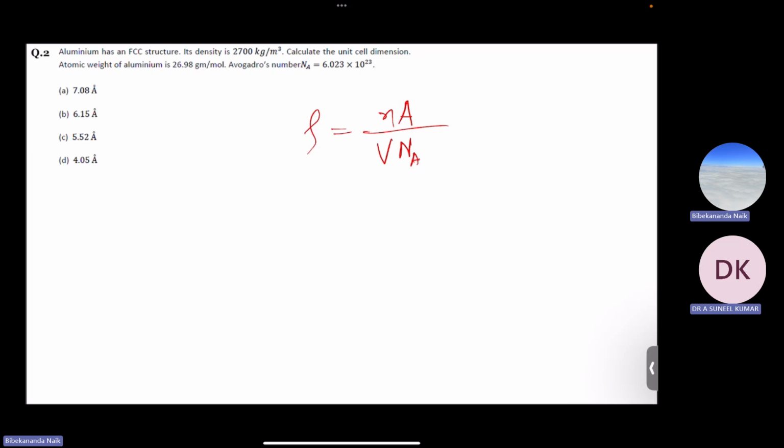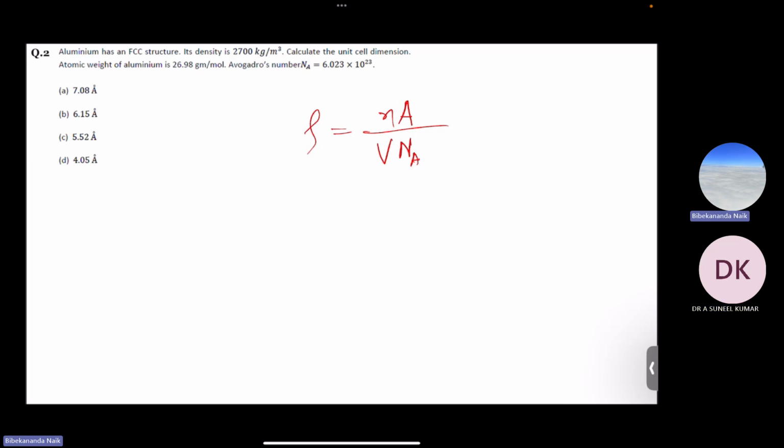So I have to change it into grams per centimeter cubed. It will be 10 cubed by 10 whole cube, which is 10 power 3 into 10 power minus 6, that is 10 power minus 3. It will be 2.7 gram per centimeter cubed.